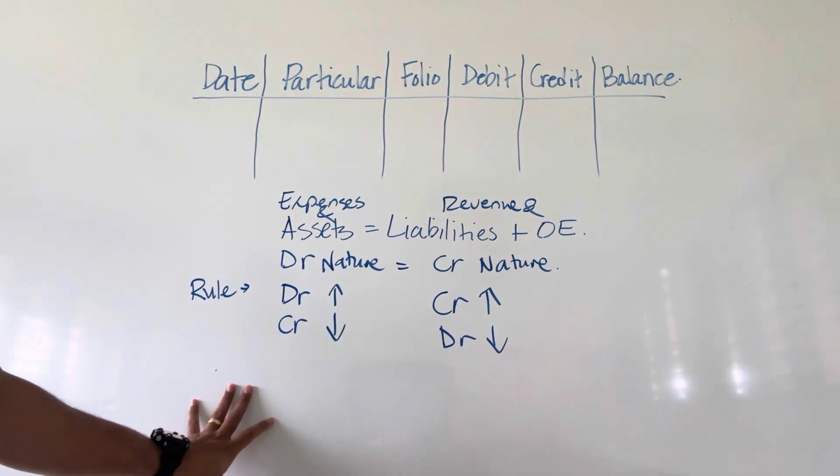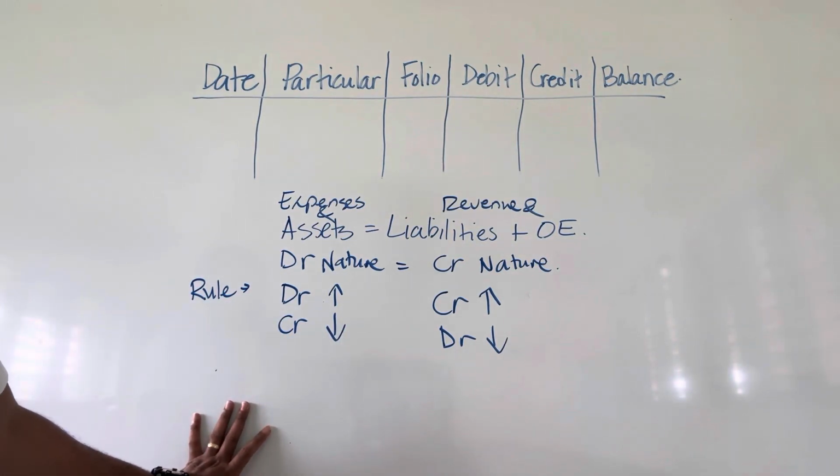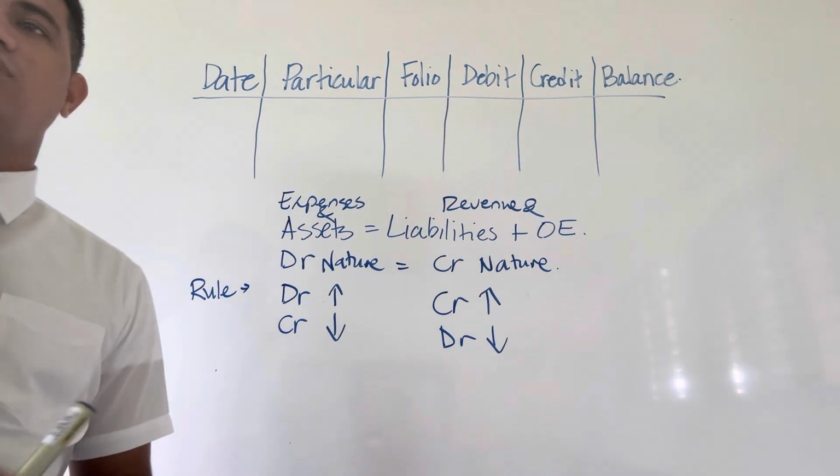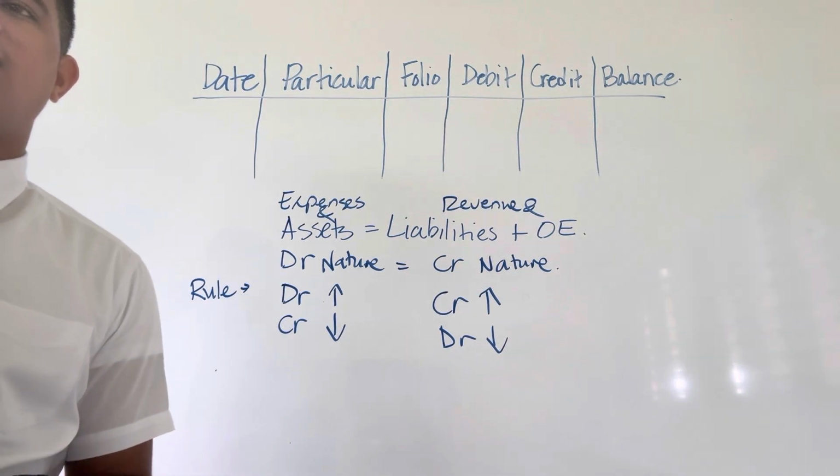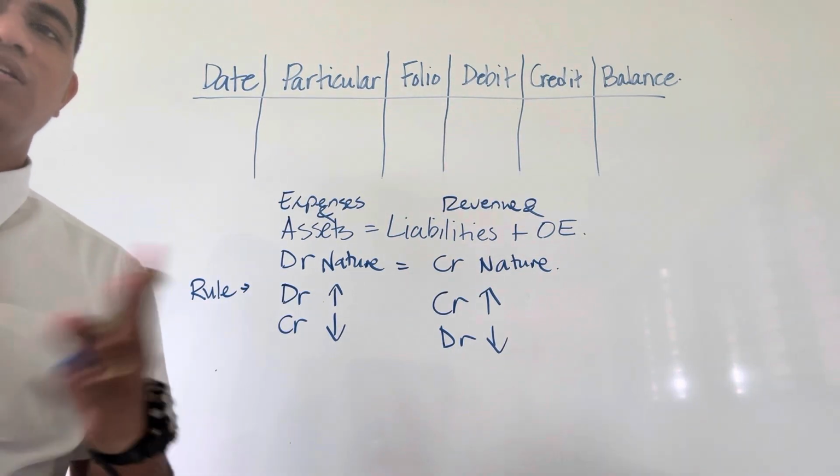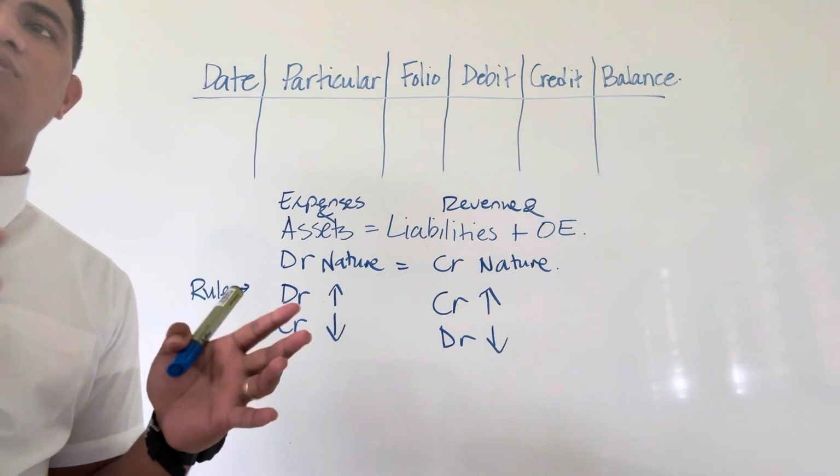Okay. Now, let me give you an example. Example number 1: purchase new vehicle for 20,000 tala. Now, the transaction says purchase new vehicle.